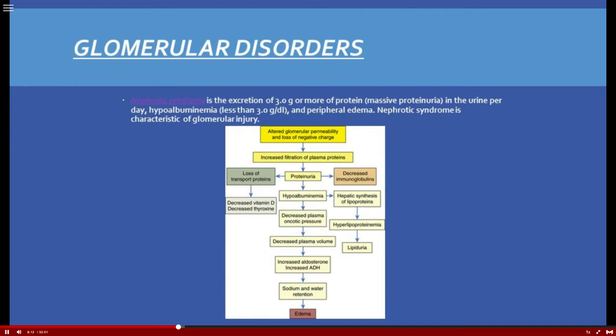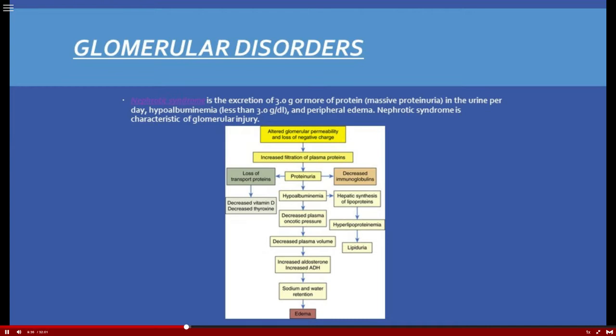This peripheral edema is because serum proteins are decreased. It's being lost in the urine. And so we know how important protein is with fluid water balance in the body. And so the fluid is not able to stay where it's supposed to, and it ends up causing that edema.